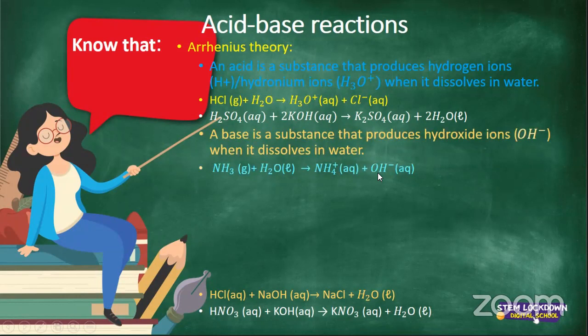So this OH- is a hydroxide, which shows that it is a base. So Arrhenius theory says a base is a substance that produces hydroxide ions when it dissolves in water. Right, the one below here is just to represent the Lowry-Bronsted theory.